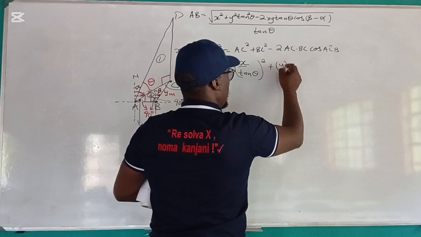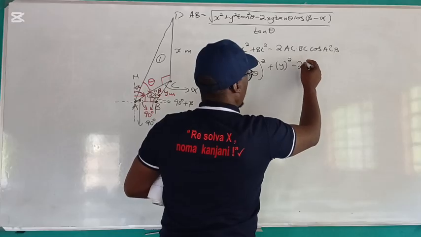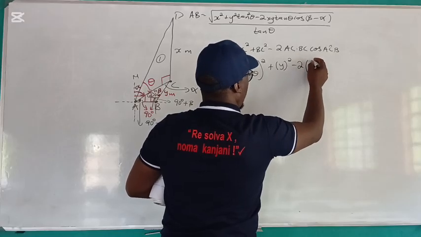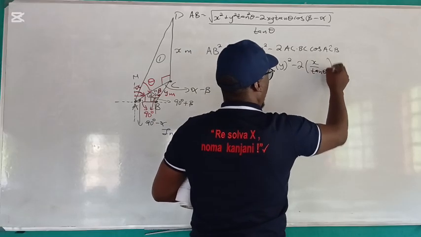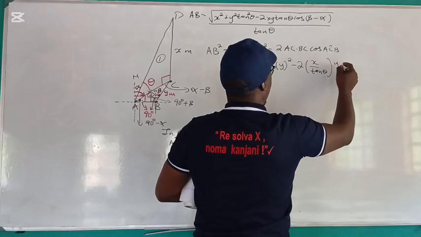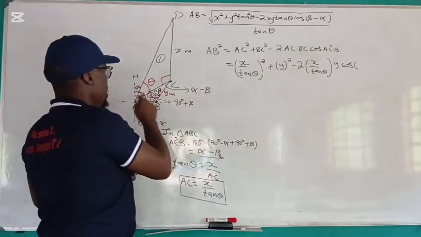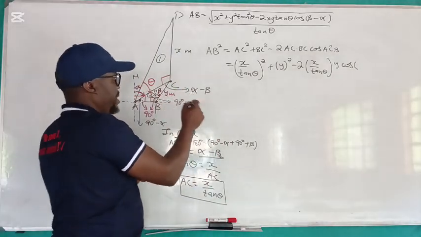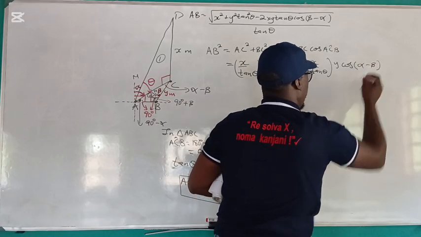BC is equal to y, squared, minus 2 by x over tan theta by y, cosine angle ACB, which is equal to alpha minus beta.